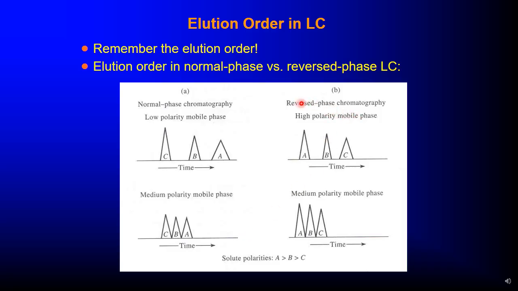Remember, the stationary phase is non-polar, so your mobile phase needs to have high polarity so that you have a good separation. Otherwise, if it has low polarity, then you are going to have poor separation.